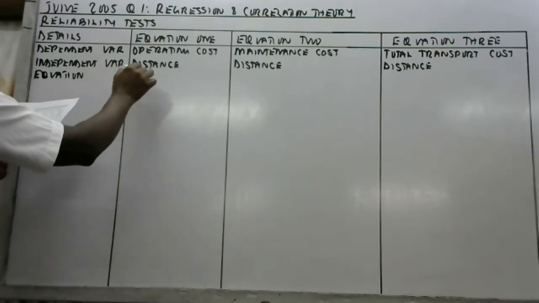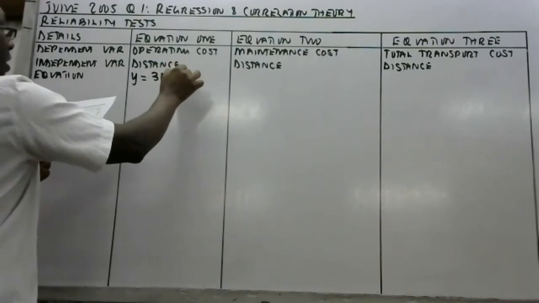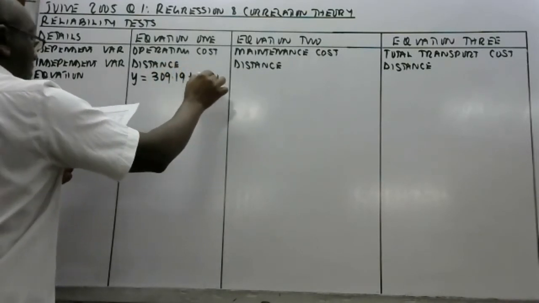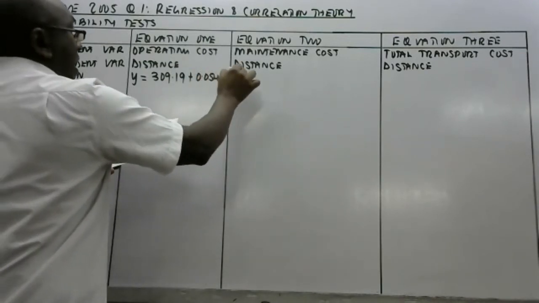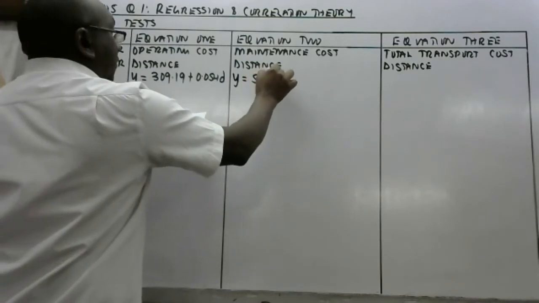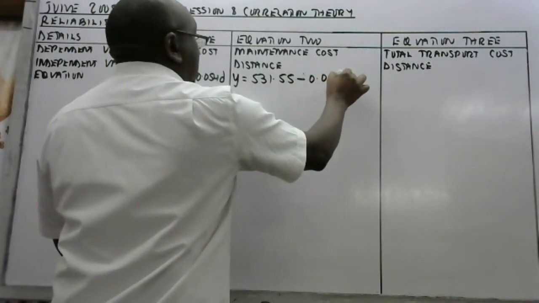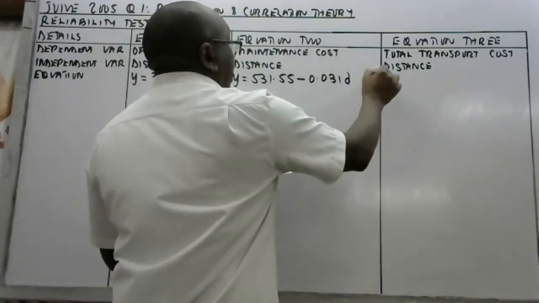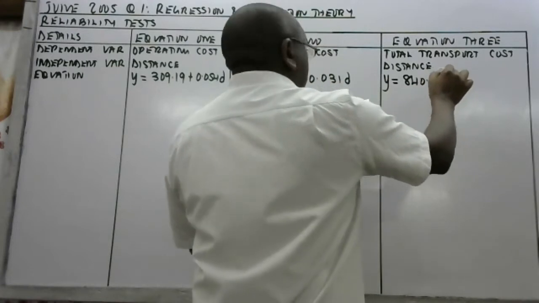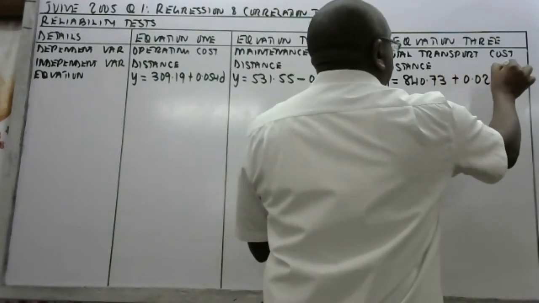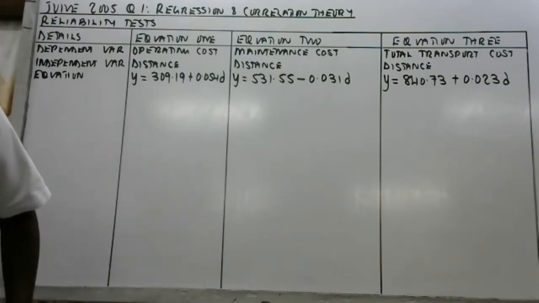It is y is equals to 309.19 plus 0.054 B. Then this other one, y is equal to 531.55 minus 0.031 B. Then here, y is equals to 840.73 plus 0.023 D. That is how you pick the equations.